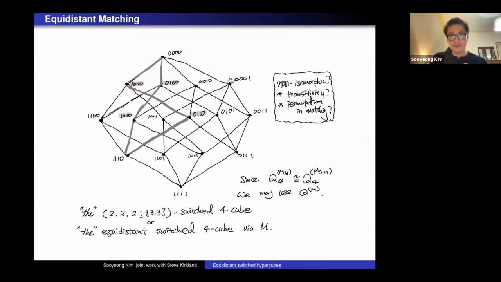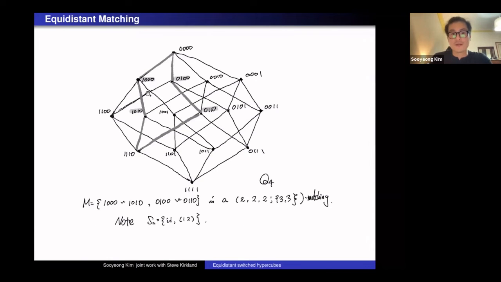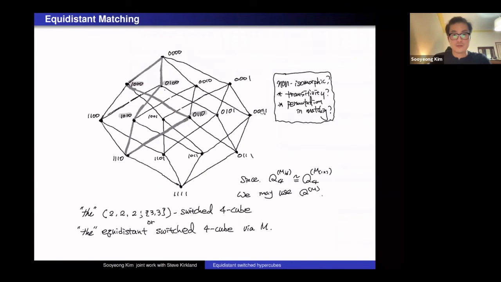What I want to say is, if that matching is transitive, in other words, if we can find an automorphism that maps these two edges to these two edges, then we may just analyze this one type of matching, right? If there's no automorphism between these two matchings, then we have to analyze two types of graphs. So that's why we are going to consider transitivity for this matching.